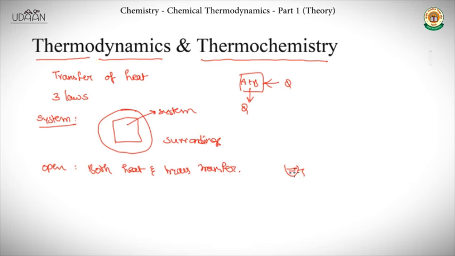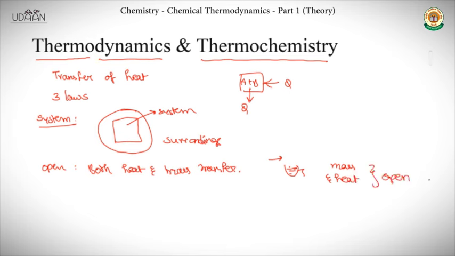In this system, heat will escape from the hot tea, so there is heat transfer. And because of the surrounding air or movement of air, water will also escape from this system. It will evaporate. So we have both mass and heat transfer, which makes it an open system.